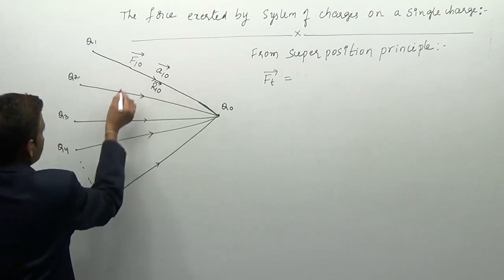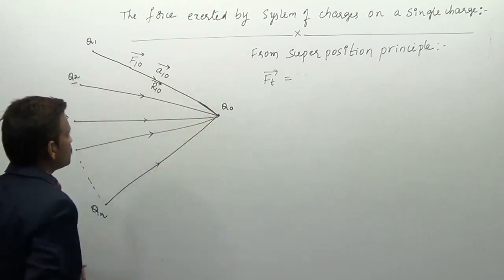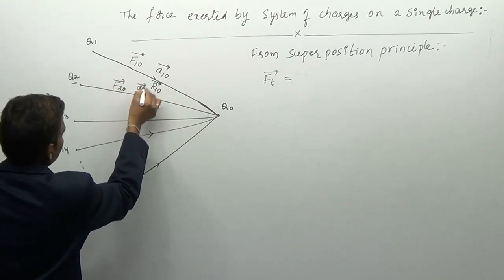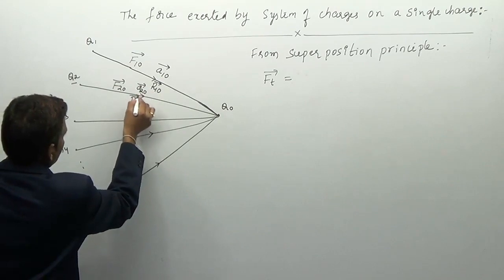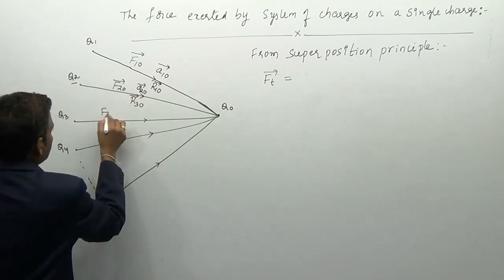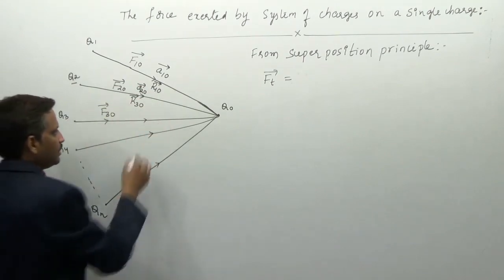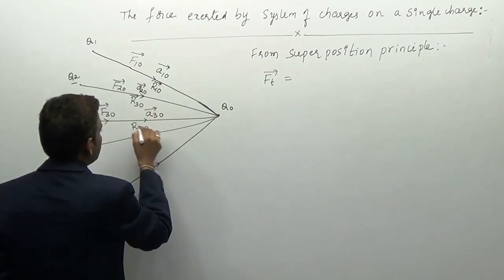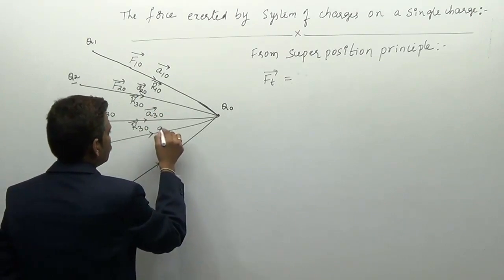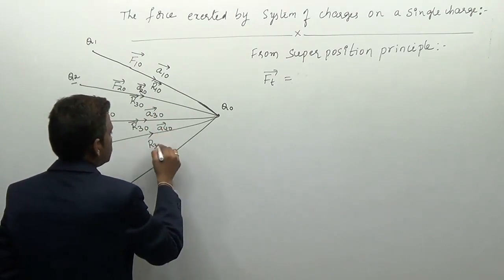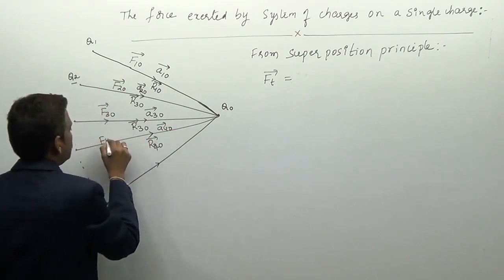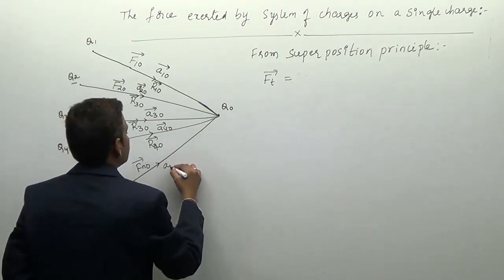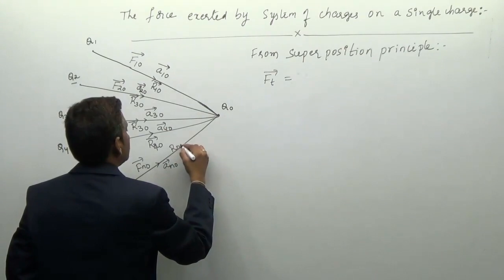Similarly, the force exerted by Q2 on Q0 will be F20, the unit vector in that direction will be A20, and the position vector will be R20. The force due to Q3 on Q0 will be F30, with unit vector A30 and position vector R30. Similarly, the fourth one has A40, R40, and force F40, and the last one will be the vector Fn0, with unit vector An0 and position vector Rn0.